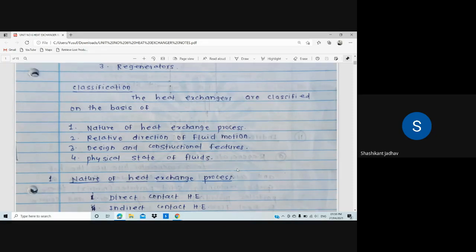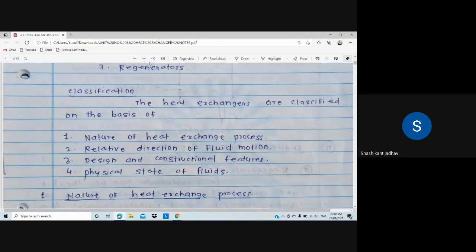Okay, then according to the design and constructional features. ओके, जे काही हीट एक्सचेंजरचं डिझाईन असणार आहे, जे काही त्याचं कन्स्ट्रक्शनल फीचर्स असणार आहेत. समजा कॉन्सेंट्रिक ट्यूब्स असतील, म्हणजे ट्यूब मध्ये ट्यूब असणार. ओके, दोन्हीचे डायरेक्शन सेम असू शकते, अपोजिट असू शकते. देन शेल अँड ट्यूब, म्हणजे एक मोठं शेल असणार आहे, त्याच्यामध्ये नंबर ऑफ ट्यूब्स असणार आहेत. किंवा मल्टिपल शेल्स असतील, त्याच्यामध्ये ट्यूब पासेस असतील, that type of heat exchanger is also possible.